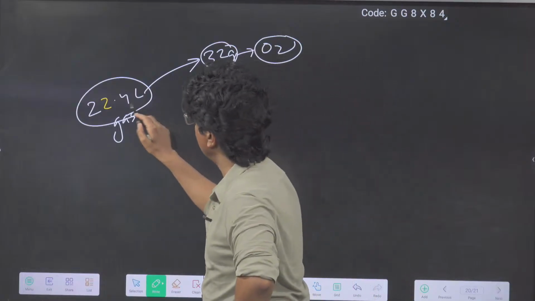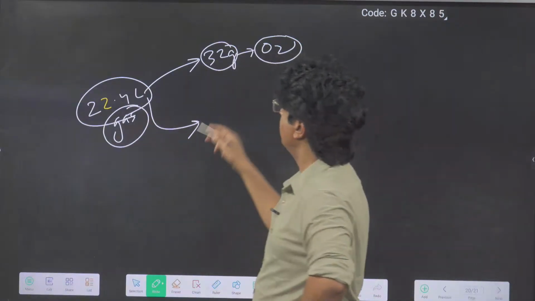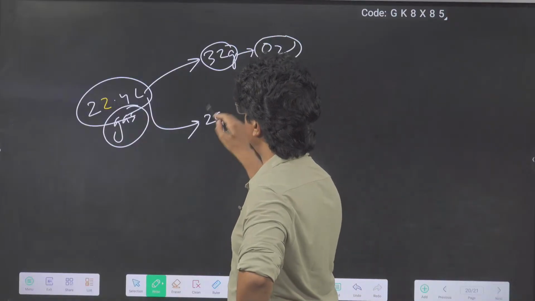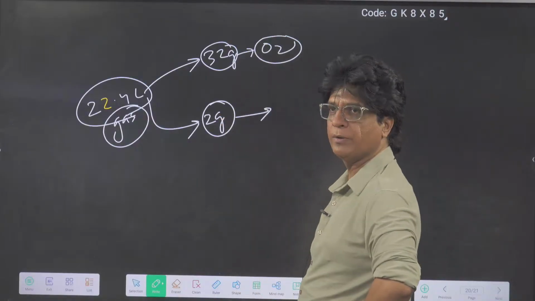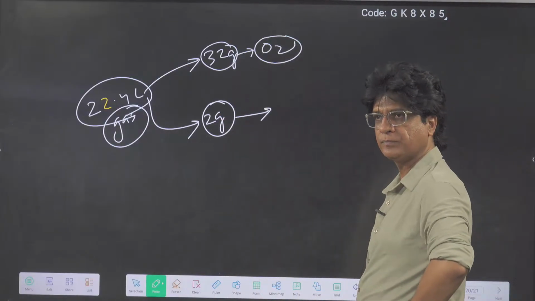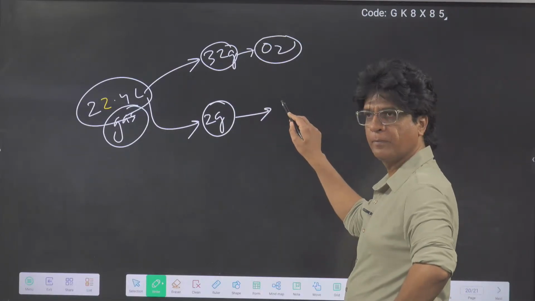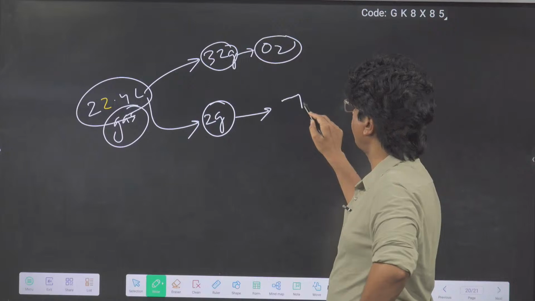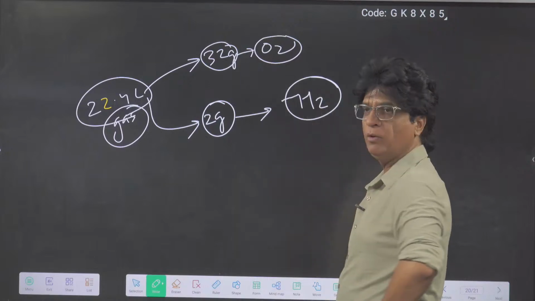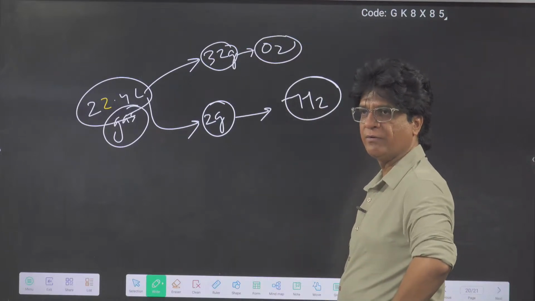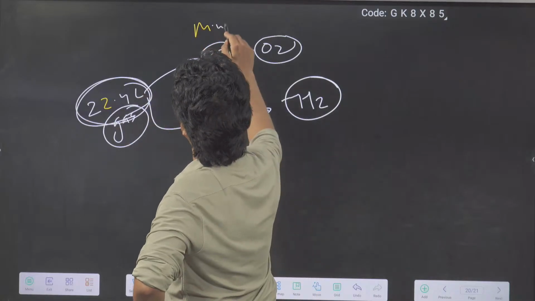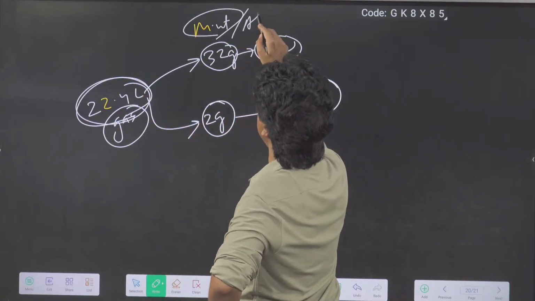Acha, if I take 22.4 liter of a gas and its weight is say 2 gram, which gas am I talking about? We are talking about hydrogen. That's the molecular weight of hydrogen, right? So 22.4 liter of any gas you take, you will get its molecular weight or its atomic weight.